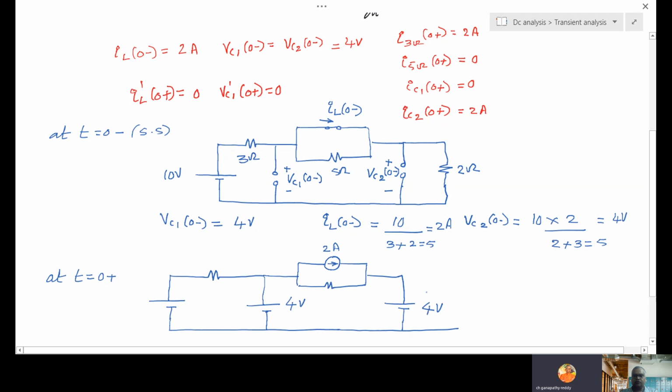This is 4 volts. Two ohms, 5 ohms, 10 ohms.